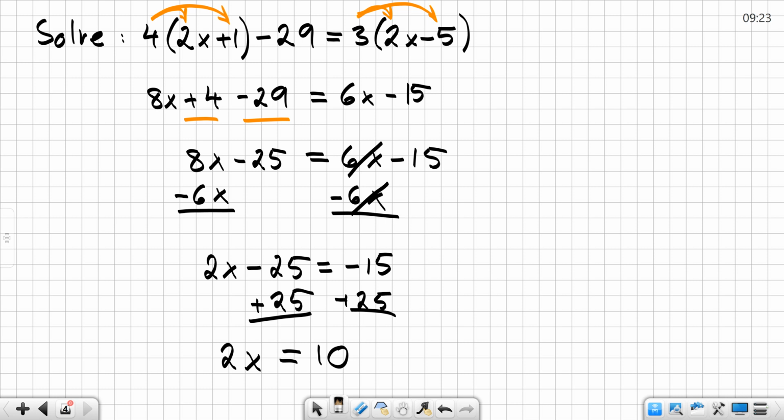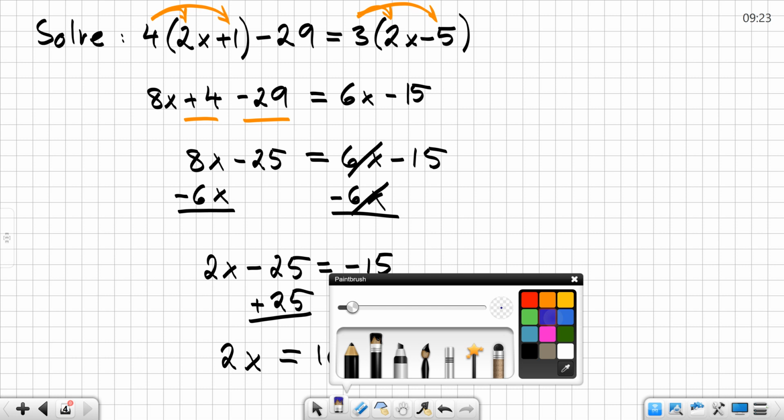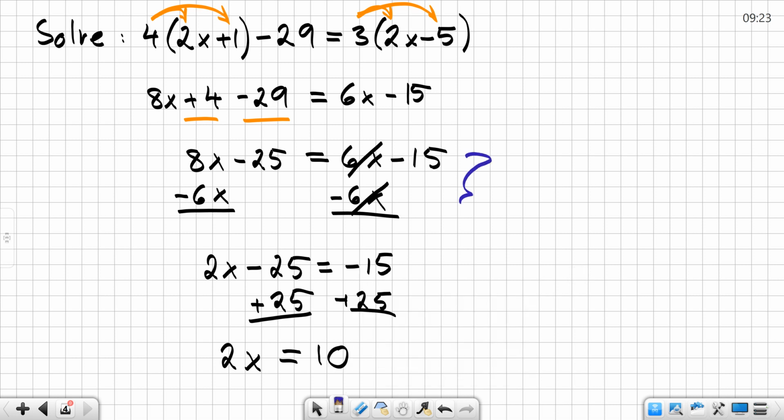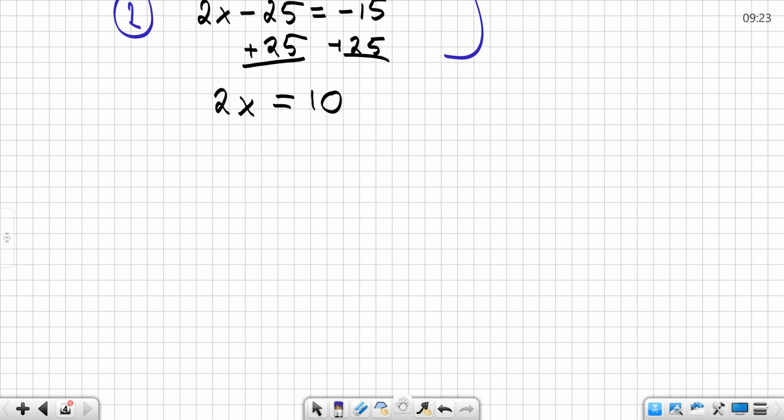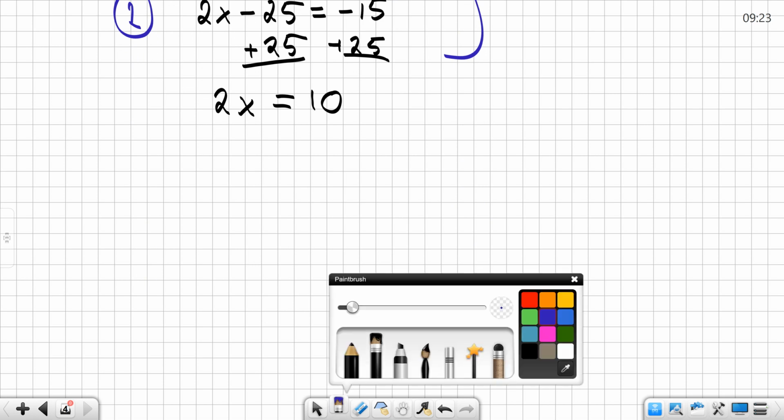Now, strictly speaking, I could have done both of these steps at the same time. This step and this step could have been done at the same time, but it is safer to do them one at a time. Now, the last thing that I need to do is isolating my variable.